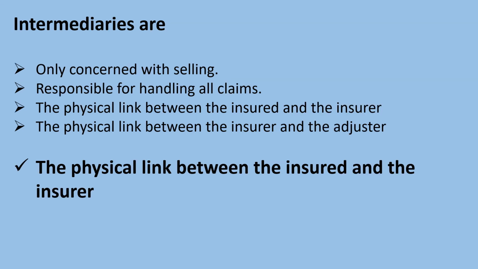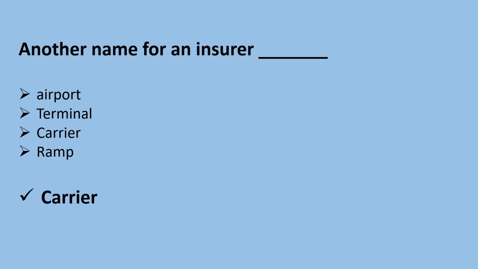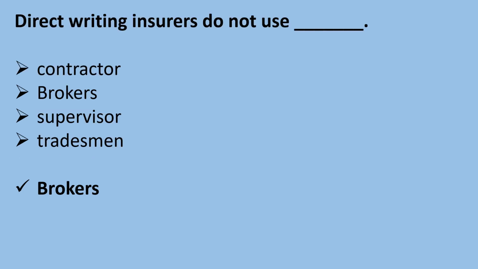Intermediaries are the physical link between the insured and the insurer. Who owns a stock company is called a shareholder. Another name for the insurer is a carrier. Direct writing insurers do not use brokers. They deal directly with the airlines.